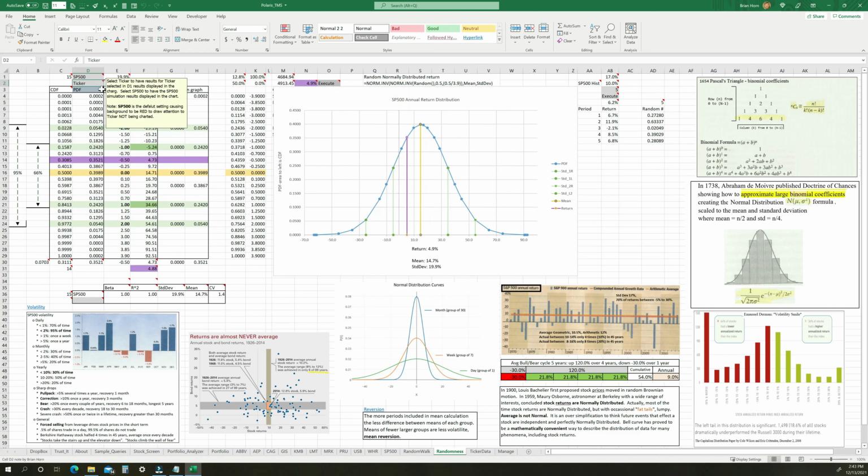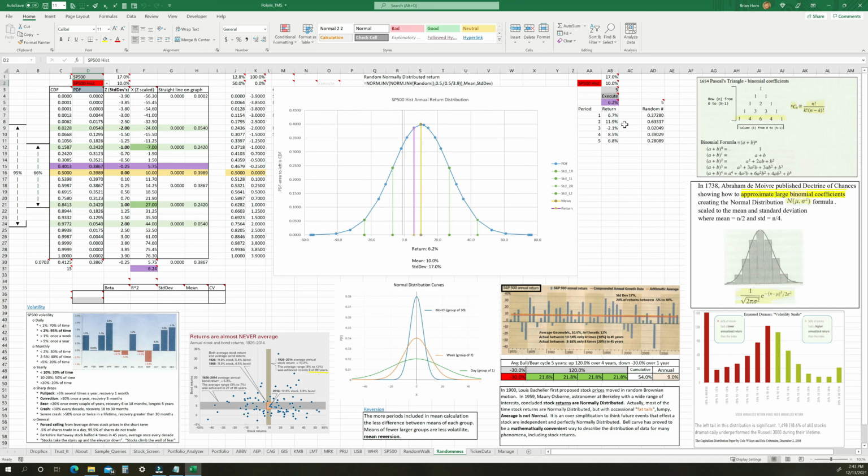Now, if you come here to D2 and you select S&P 500 history, it is the long-term historical standard deviation and mean return of 17% and 10%, not the values from the S&P 500 ticker worksheet. So now as you hit execute over here, you see 5 different returns being generated randomly based on this historical standard deviation and mean.